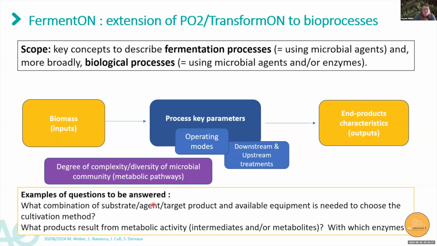So we have to know the relations between these entities to be able to decide. Another example would be: what products result from metabolic activity, which intermediates or metabolites are produced, and with which enzyme. So I think these are the kind of questions you are interested in.